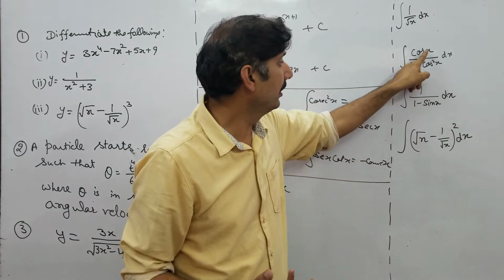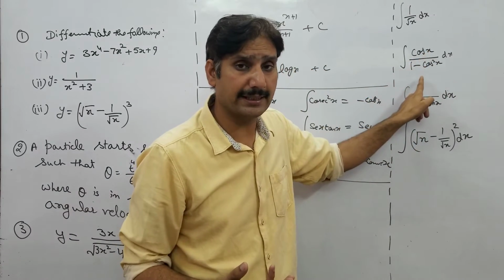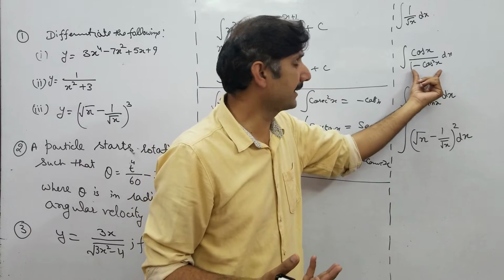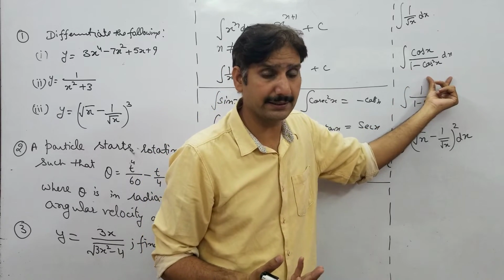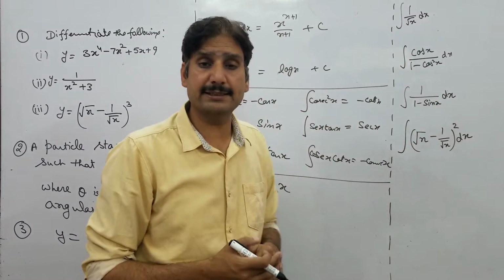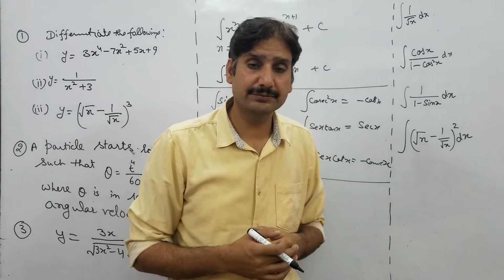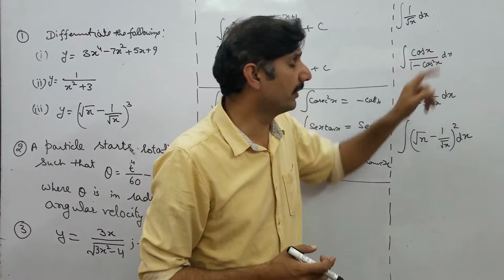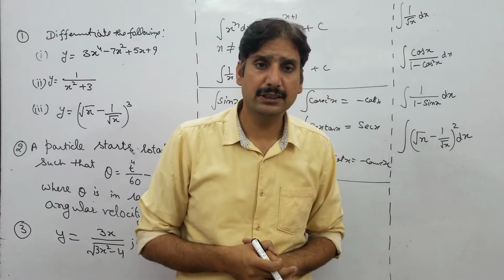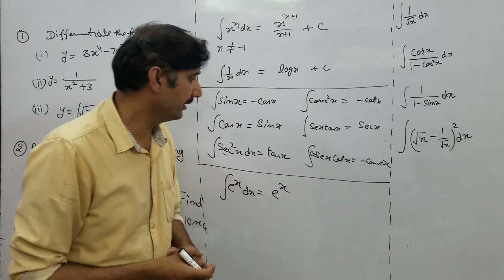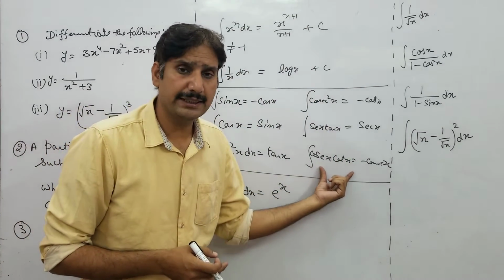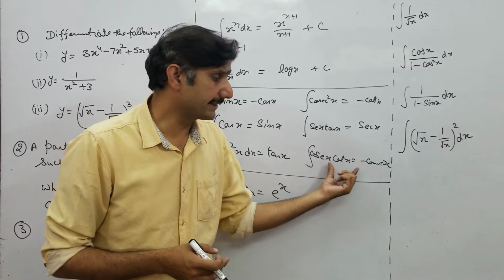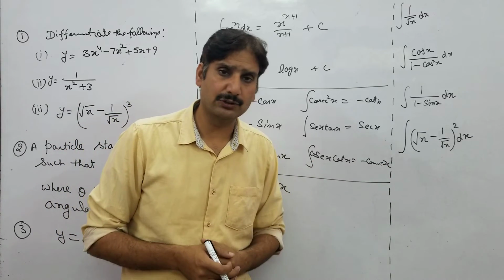So what do I get? Cos x over sin square x. I can write down sin square x as sin x into sin x. 1 over sin x becomes cosecant x. And cos x over sin x will become cotangent x. So you reach cosecant x cotangent x, and the integration is known to you.